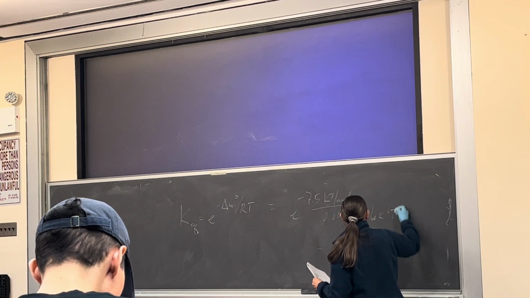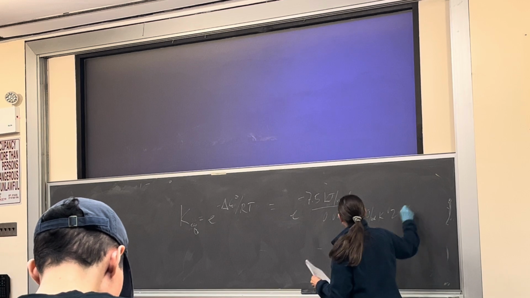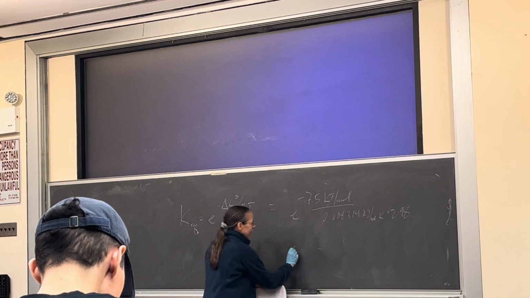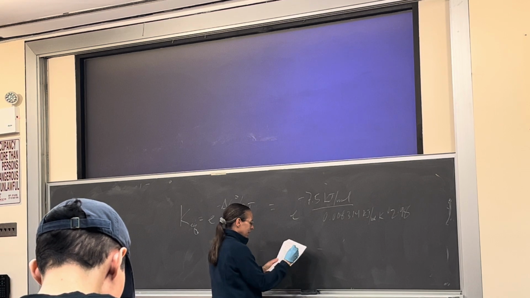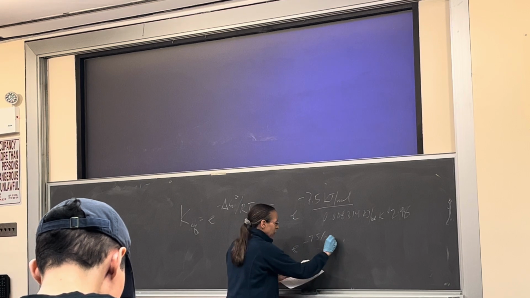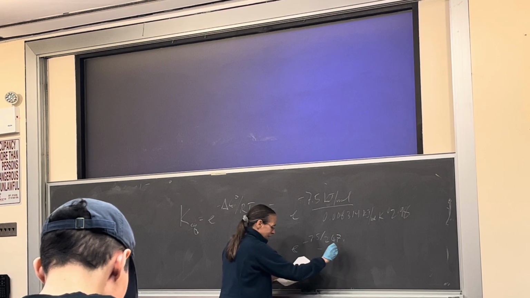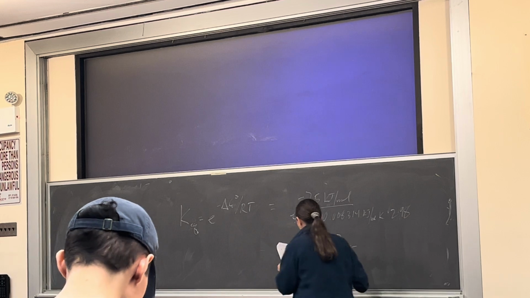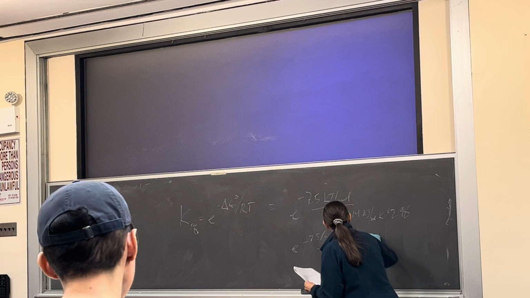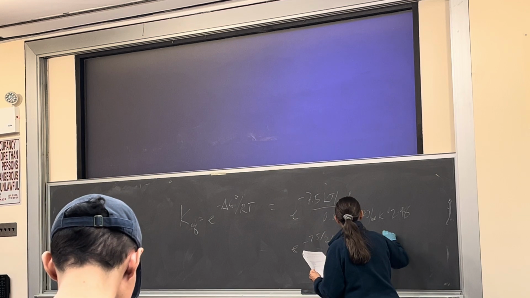And then if you do all the math here, you get e to the negative 7.5 over 2.47, which is equal to 0.05.